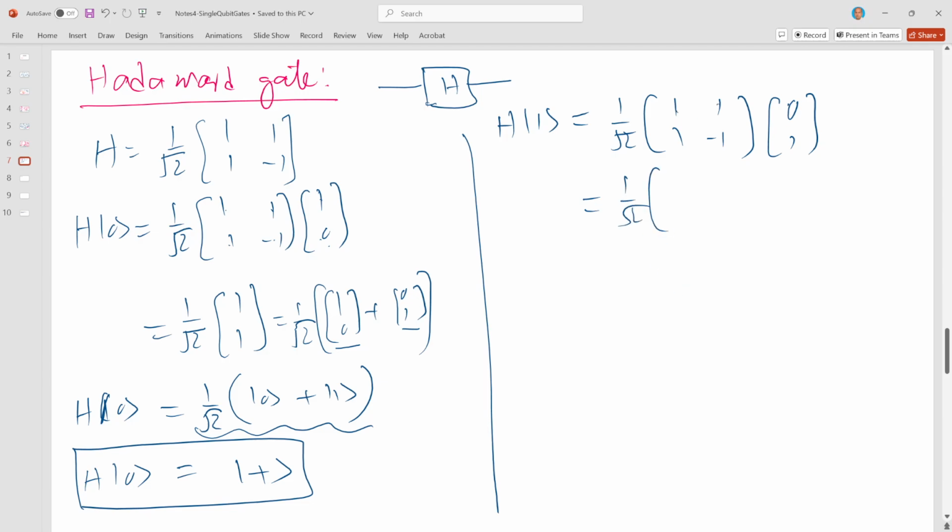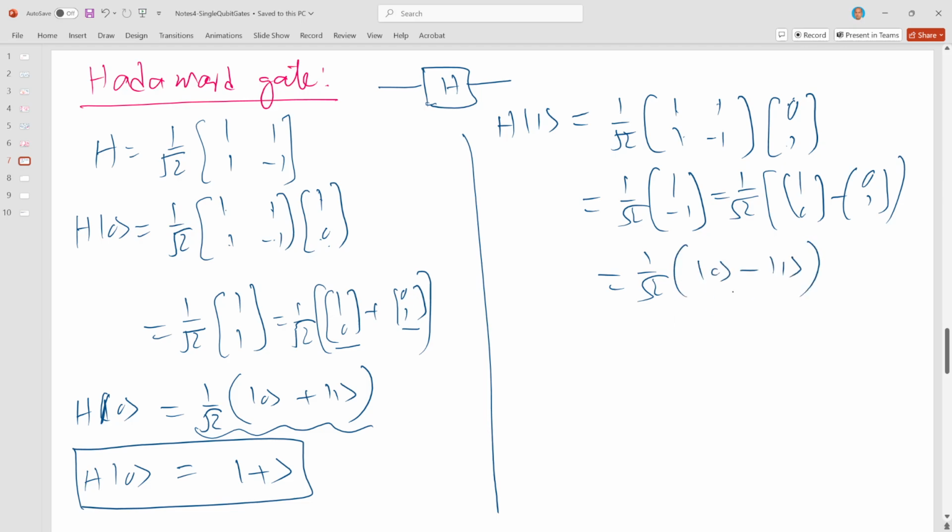So 1 into 0, 0 into 1 is 1. 1 into 0 minus 1 into minus 1 is minus 1. And if I expand it, this becomes 1 0 minus 0 1. So this at the end becomes this 0 minus 1. And let's label this state as minus.